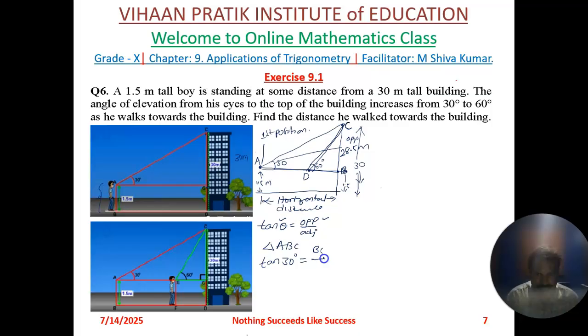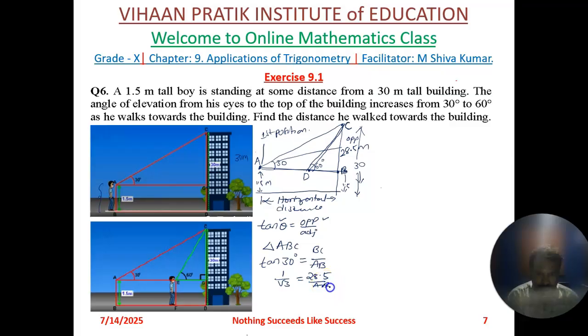BC divided by horizontal. Adjacent is the total distance from the boy to the foot of the tower, which is AB. We don't know AB. So tan 30 is 1 by root 3 equals BC, 28.5, by AB.